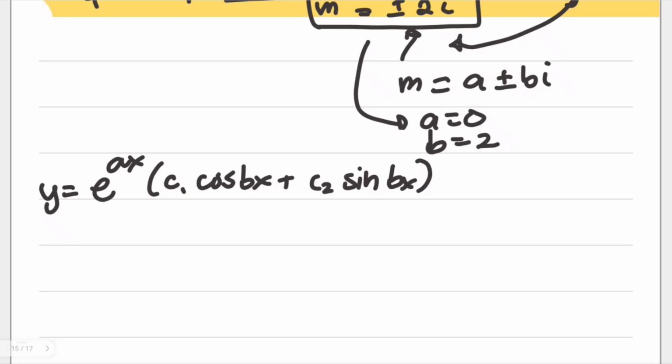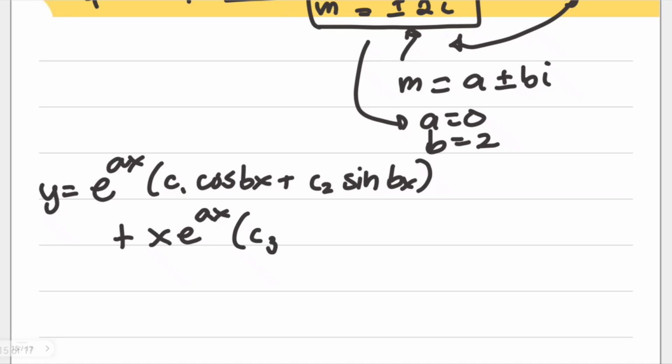But if the imaginary roots are repeated, you will have plus x e to the power of ax, because we have the same a since it was repeated. This was what was added as a factor.